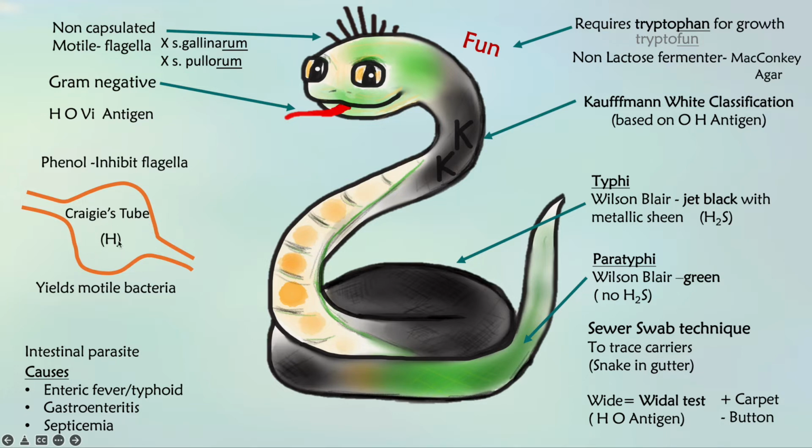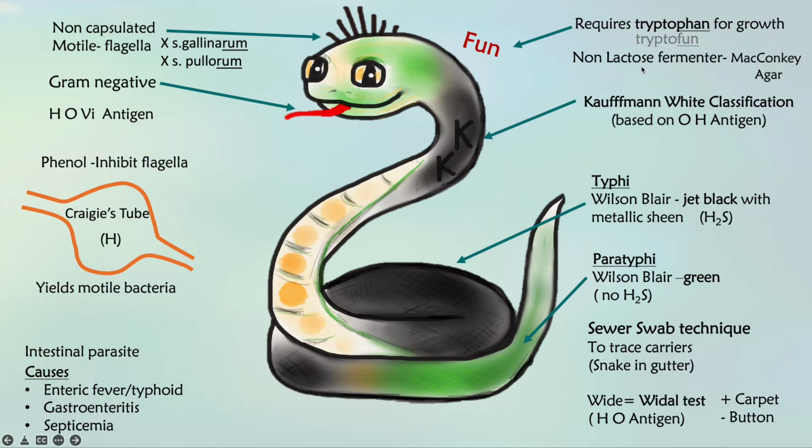So let's come over here. As I said earlier, Salmonella, the snake, likes to have a lot of fun. Fun is a correlation to tryptophan. So Salmonella requires tryptophan for growth. Tryptophan is an amino acid that Salmonella requires for growth. Salmonella does not like milk.